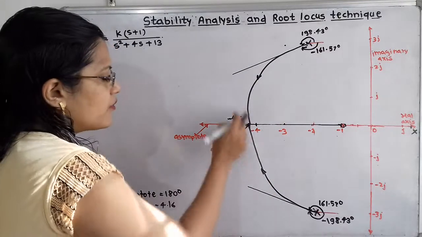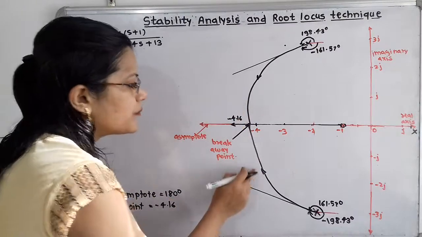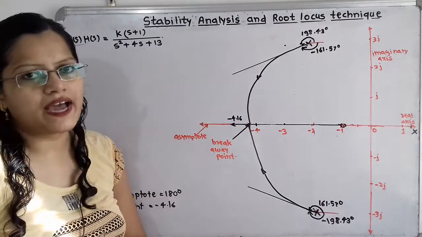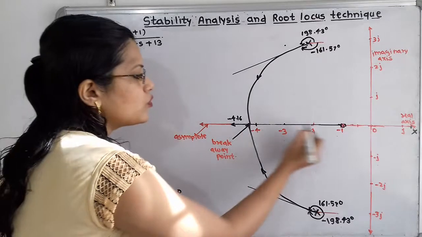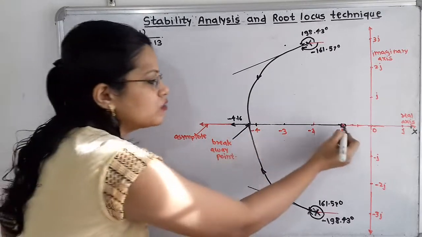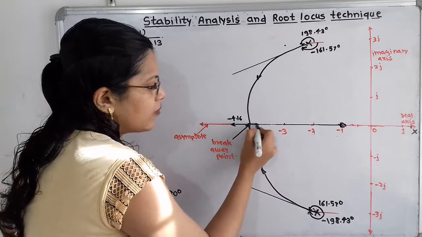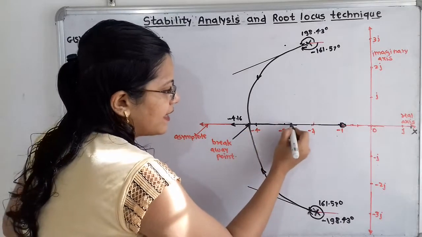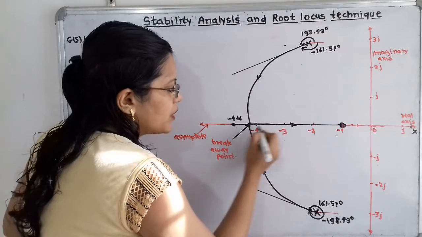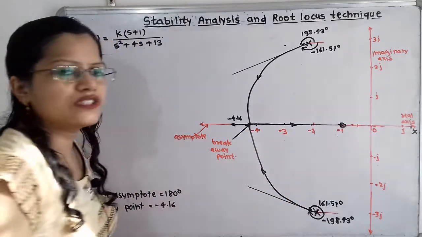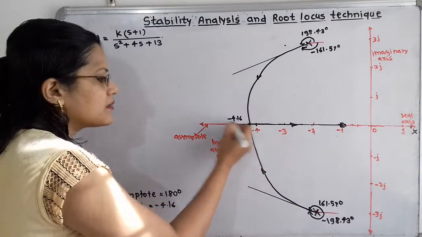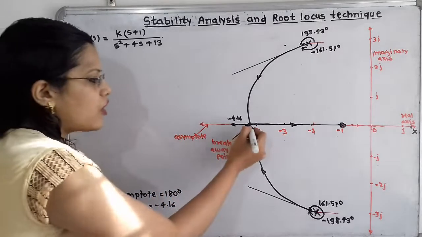Now with these two branches, out of these two branches, one branch will move to 0 or terminate at 0. So 0 is here at -1. So I have to show here one line and direction in this direction. So one branch will terminate at 0 and the other branch will terminate at infinity along this asymptote.